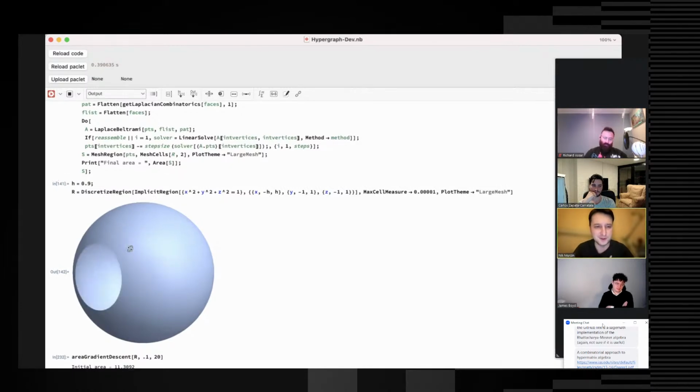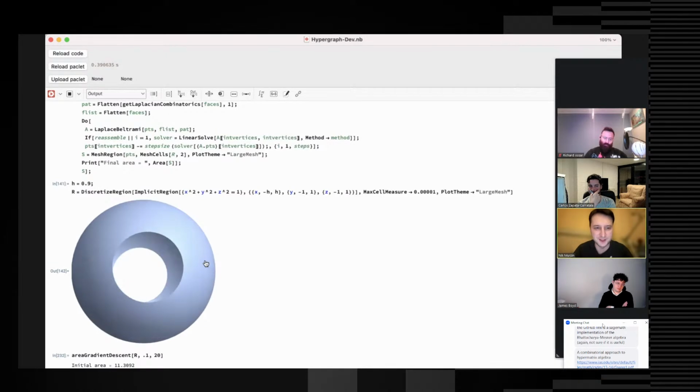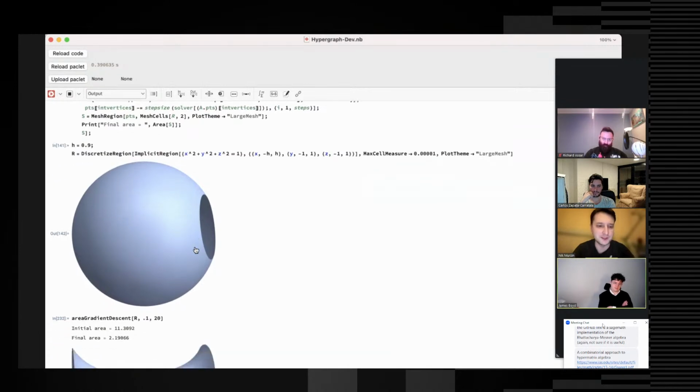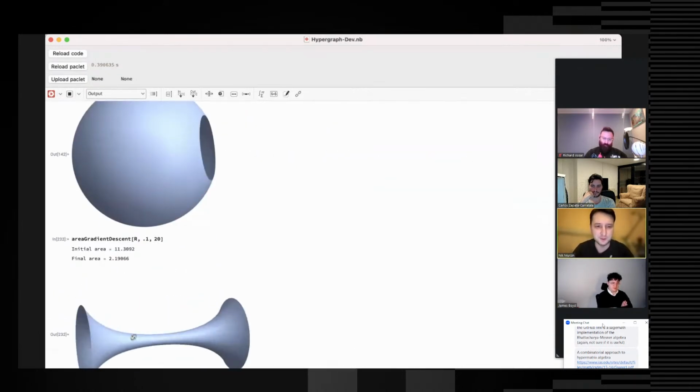For example, if you start with this surface and fix the boundary, the boundary would be these two circles, right? You fix this boundary, and then how would this surface evolve if you want to minimize the area of the surface, and you run it, you get something like this.